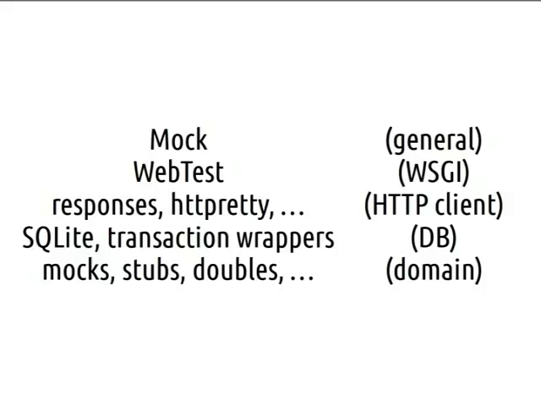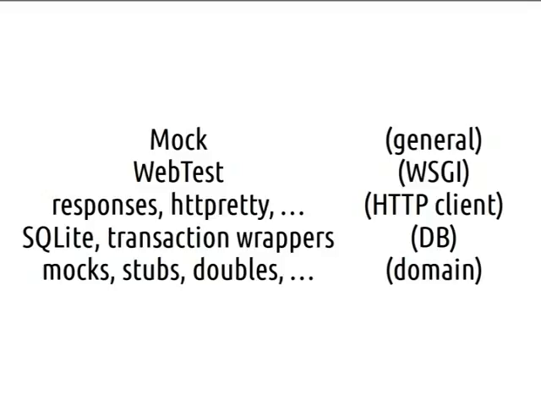For general purpose stuff, we have mock, right? Mock is an awesome tool, and it can be used to create just generic objects that you might want to work with. For more specific things, there are libraries that are built to work with testing in a specific context. So for example, if you're building a web application in Python, chances are very good that you're using WSGI.